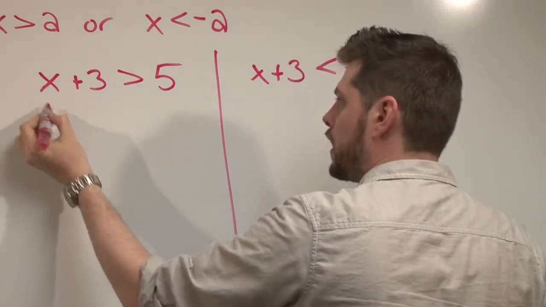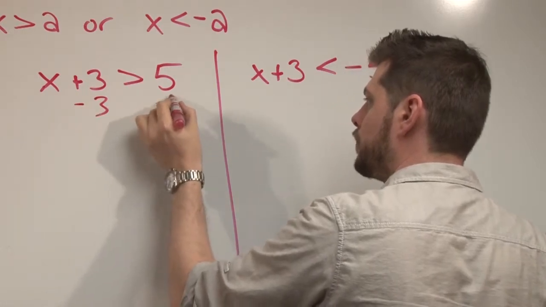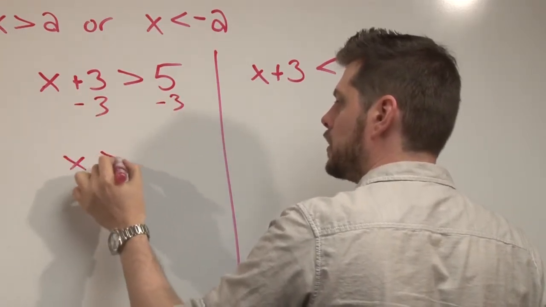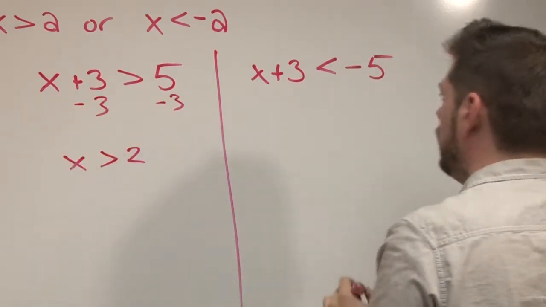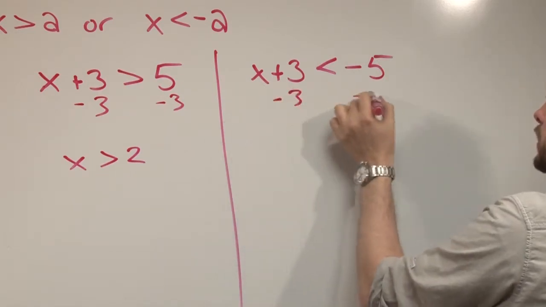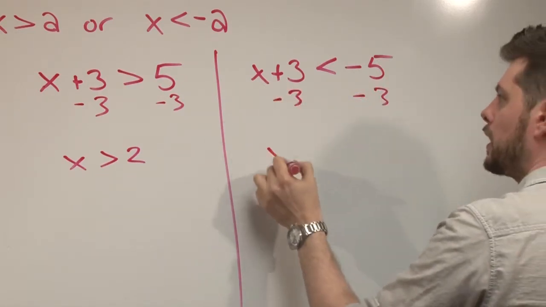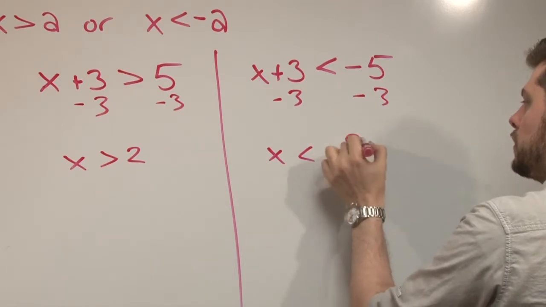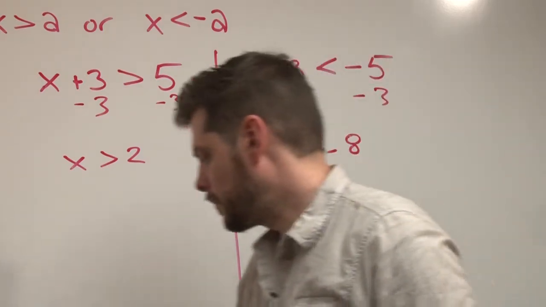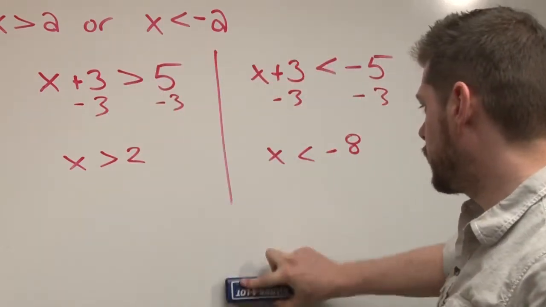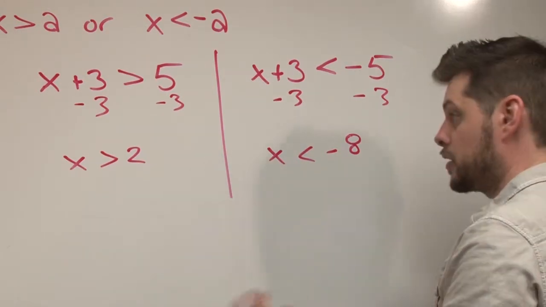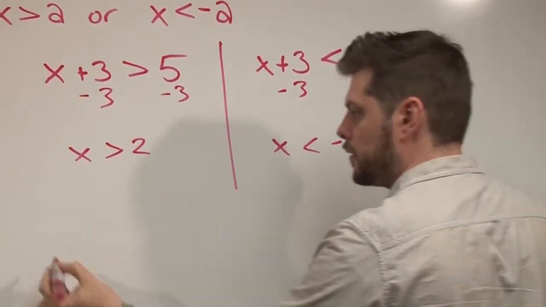So solving for x, we subtract 3 from both sides, and we get x is greater than 2. Subtracting 3 from our second inequality, we get x is less than negative 8. So let's illustrate these solution sets on our number line.